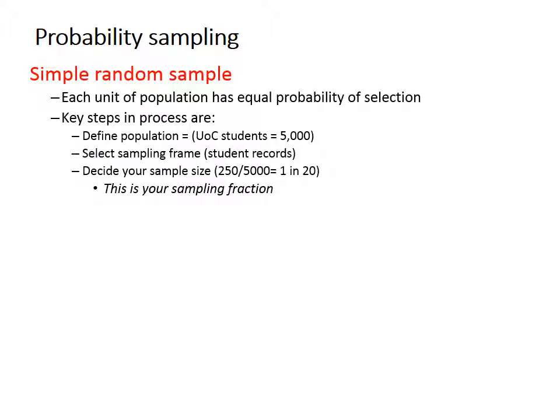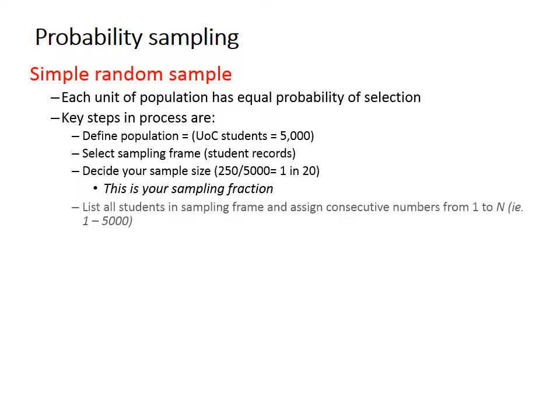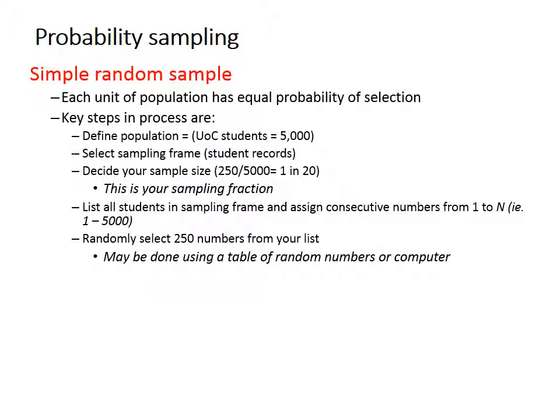Anyway, back to our process here. We've got our sampling fraction. We divide 5,000 by 250 and we get 1 in 20, a 20th. So then you can list all the students in your sampling frame consecutively from 1 to 5,000 in this case, and then you select 250 numbers.